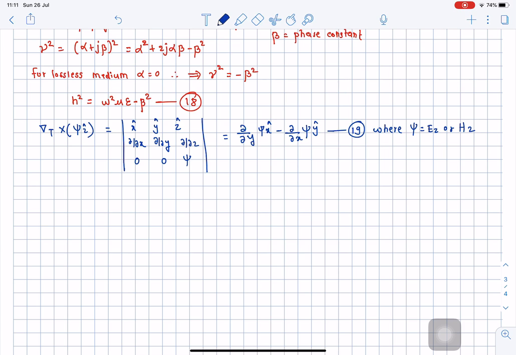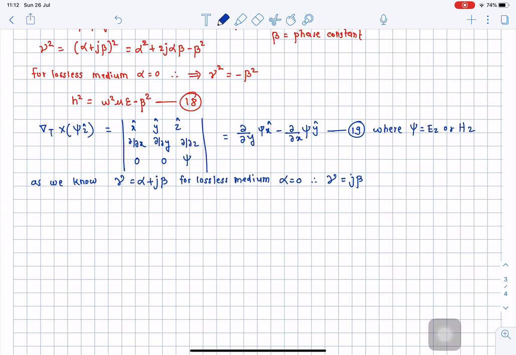As we know, gamma is given as alpha plus j beta. For a lossless medium, we can assume alpha is 0. Therefore, gamma is equal to j beta.